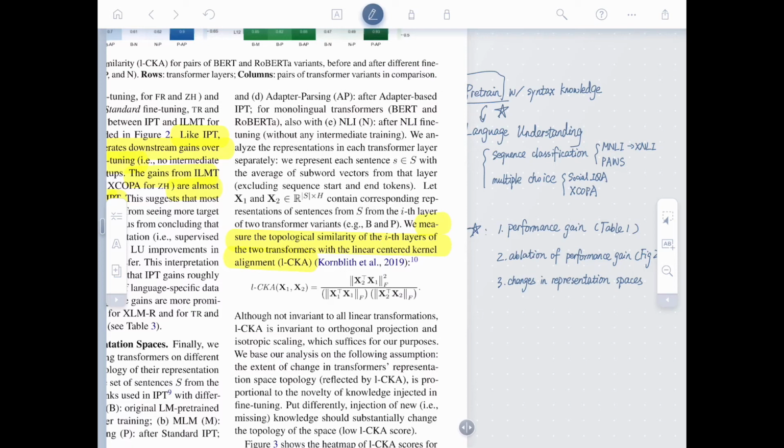The form is similar to cosine similarity, but they used a kernel product instead of just the plain product in cosine similarity.